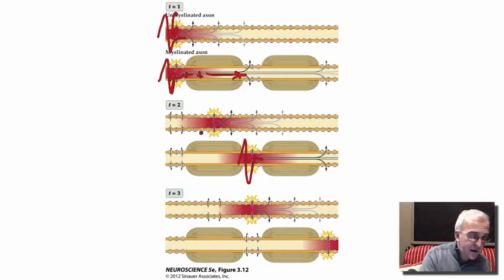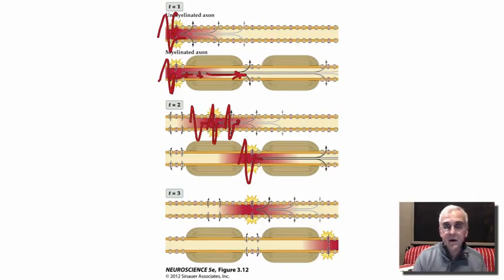Meanwhile, in the unmyelinated axon, in order for there to be effective conduction of action potentials, we need to put very many voltage-dependent sodium and potassium channels along the length of this membrane to ensure the regeneration of action potential at each adjacent point along its length.